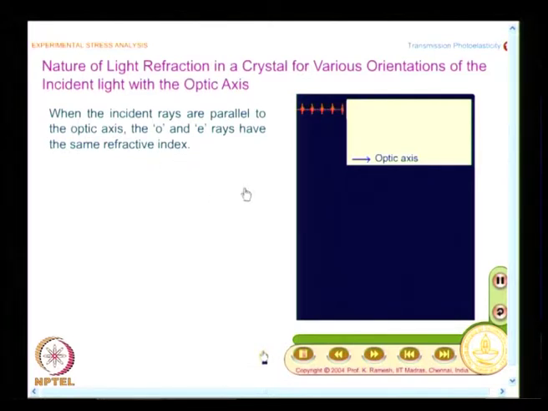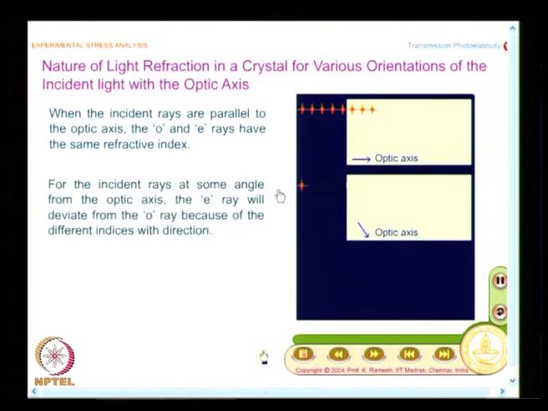Now, we look at another case, we will have this axis impinging at a different direction. For convenience, I have shown that I have cut the crystal in a manner that the optic axis is at an arbitrary position like this.